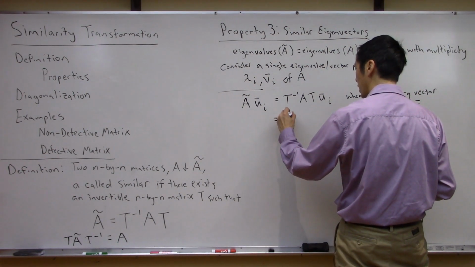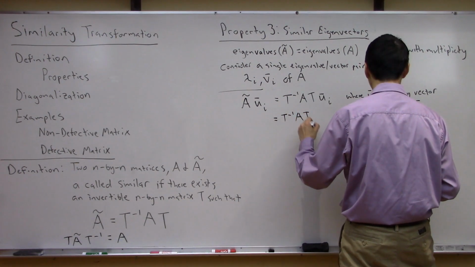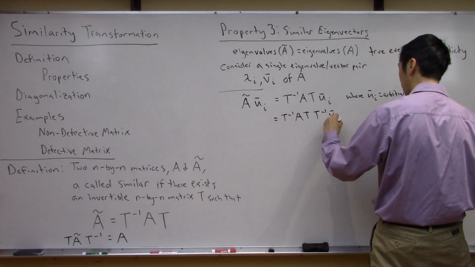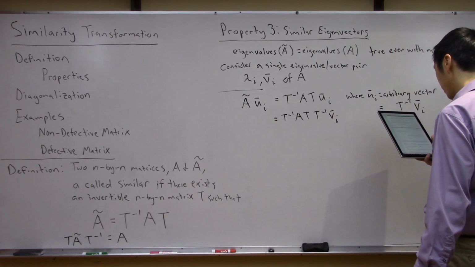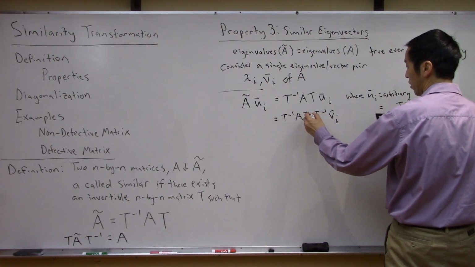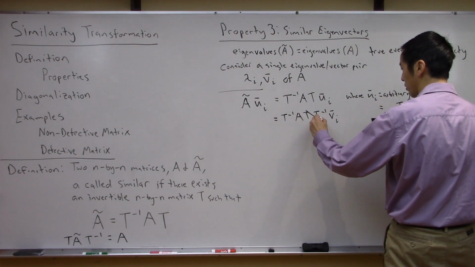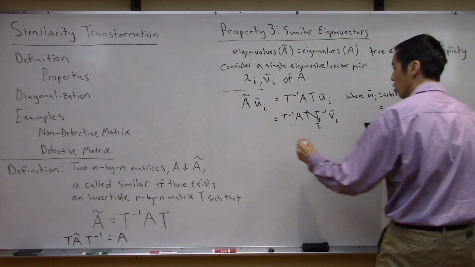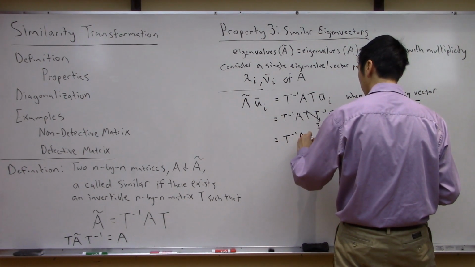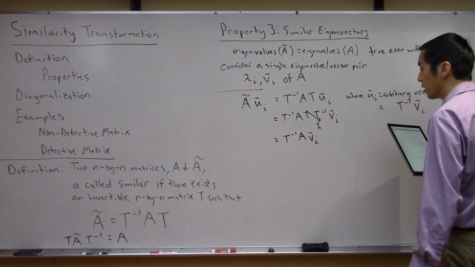We end up with T inverse A T times T inverse v i. Lucky for us, this T times T inverse becomes the identity matrix. That helps us. So we end up with T inverse A v i.